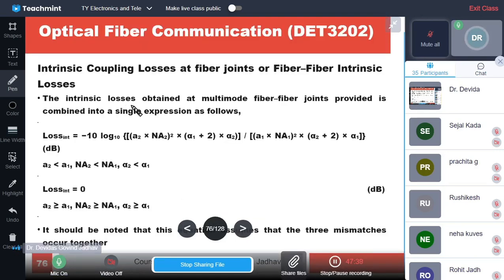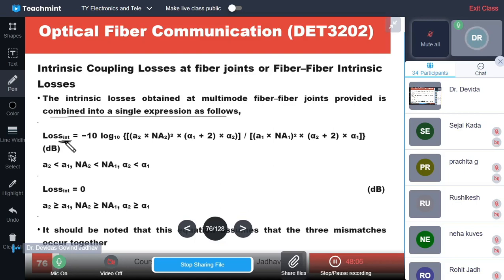Now the intrinsic losses obtained at multi-mode fiber joints, which are provided by three mismatches, are combined into a single expression, that is intrinsic loss, INT.